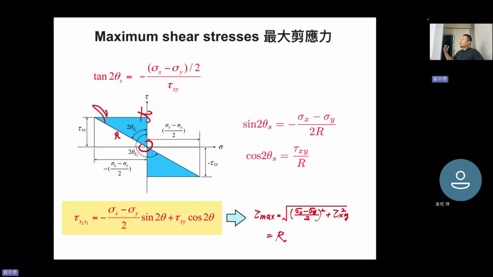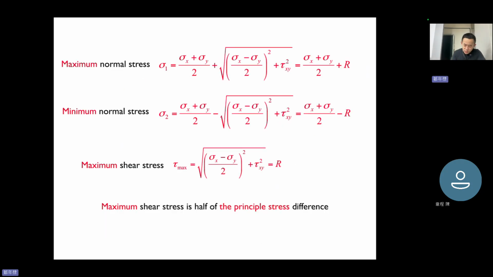Now, let's give you a summary of this cosine and sine thing. The theta 1 means maximum normal stress, and average sigma plus r will be the maximum normal stress, sigma 1.